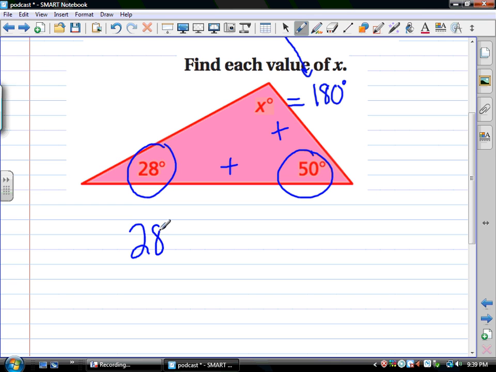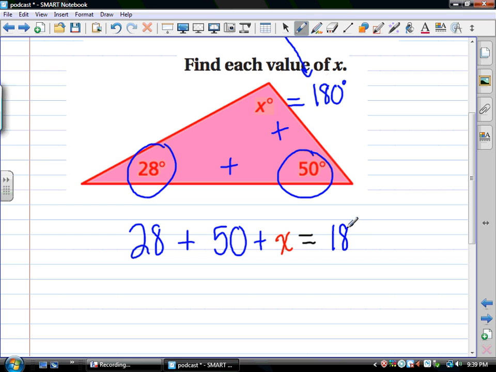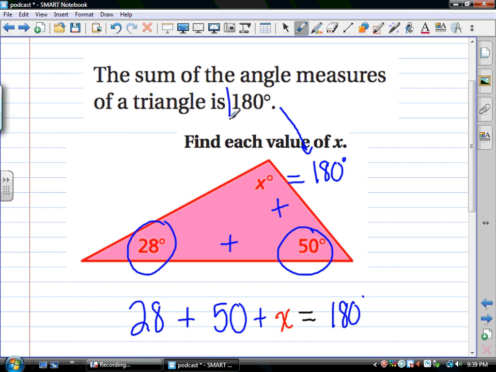I have 28 degrees plus 50 degrees plus my variable x equals 180 degrees, because every triangle has to add up to 180 degrees. The sum of the angles has to equal 180 in a triangle.